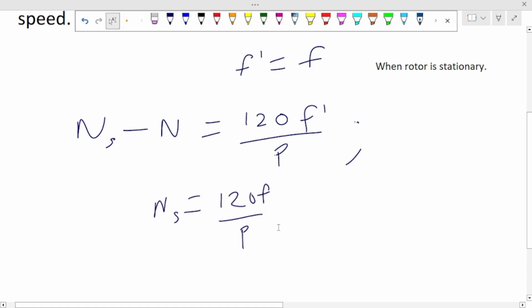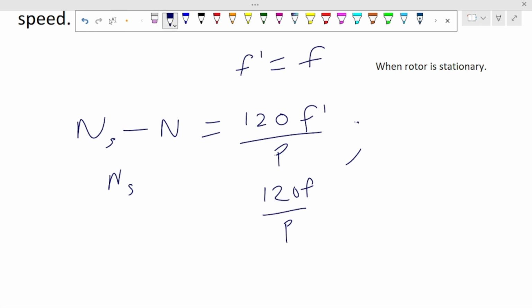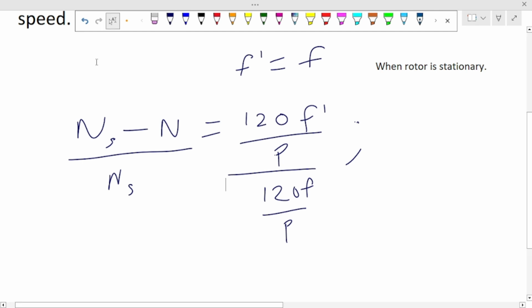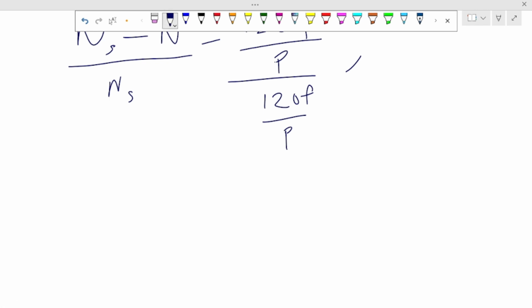So this comes under this, and this divided by this. But of course, we know this is the same thing as S. If you recall from the last video, this expression is the same thing as S. So we can simply write this as S, that's everything here.